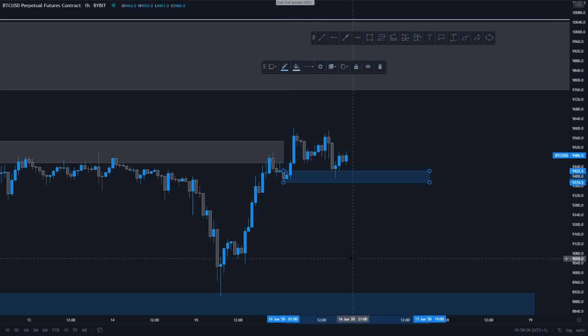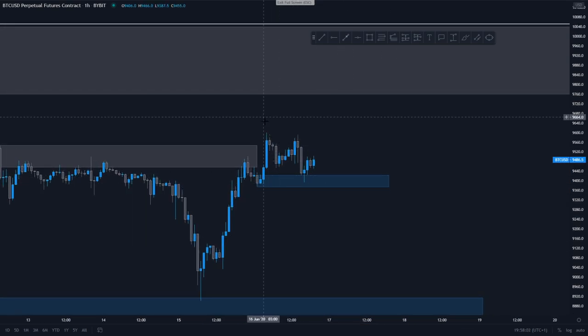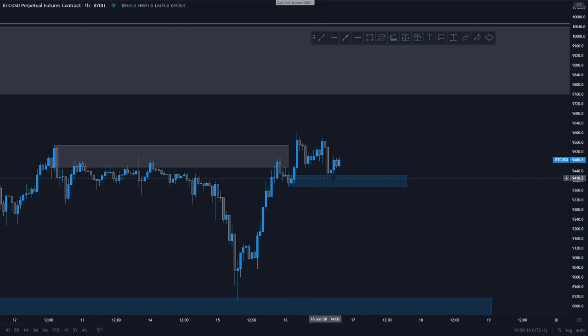And okay, now we have the structure forming here. The first high, and the price then comes down a bit. It's the second high, then comes back into this zone of rally base rally, and now starts to go up again.